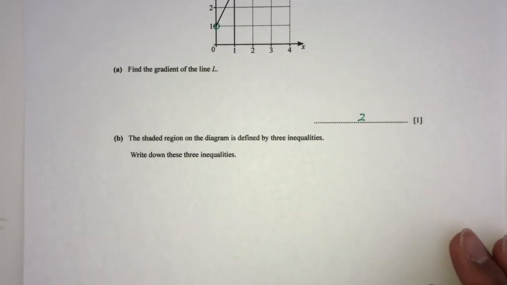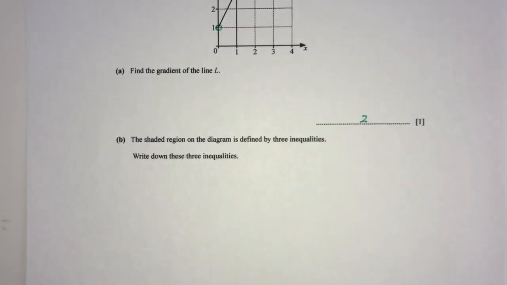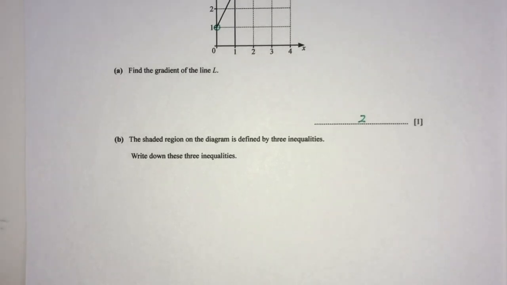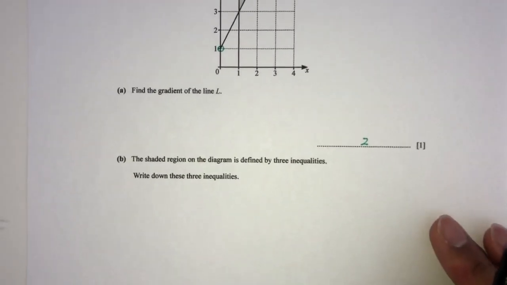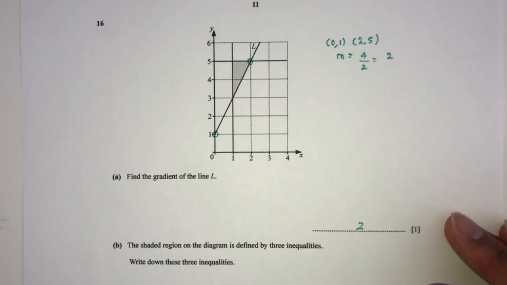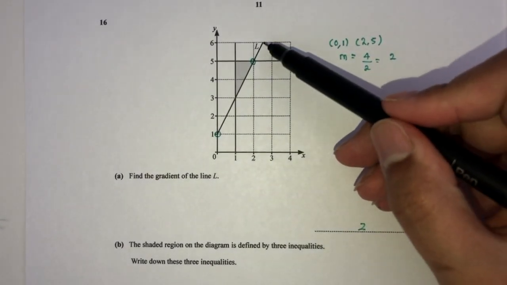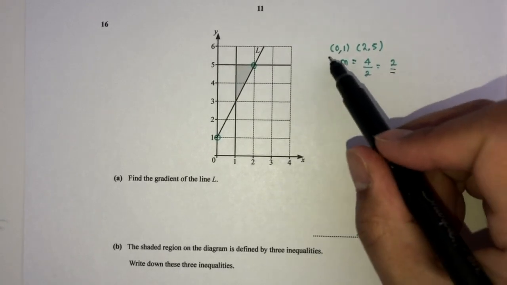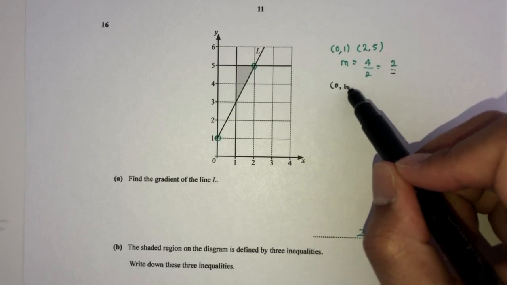For part B, the shaded region on the diagram is defined by 3 inequalities. So we have to define those inequalities. Okay. So let's see how could you define this. So one by one we have to first find the equation of this line. So what is the equation of line L? So we have the gradient, we have a passing point, we can use that to find the equation.